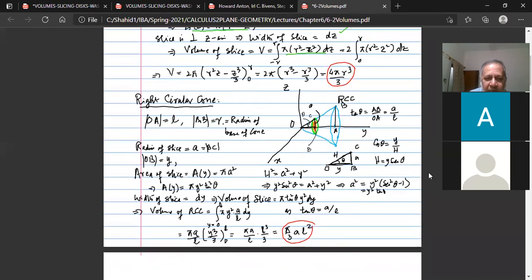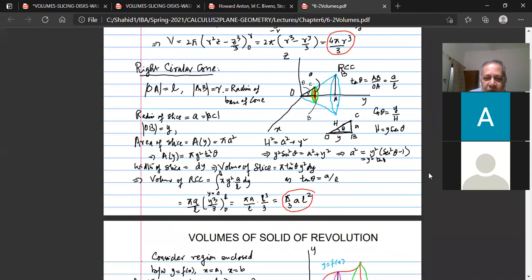In a similar problem, I can consider a right circular cone. We know that the right circular cone has volume pi upon 3 a squared L. What is a? a is the radius of the base. And what is L?